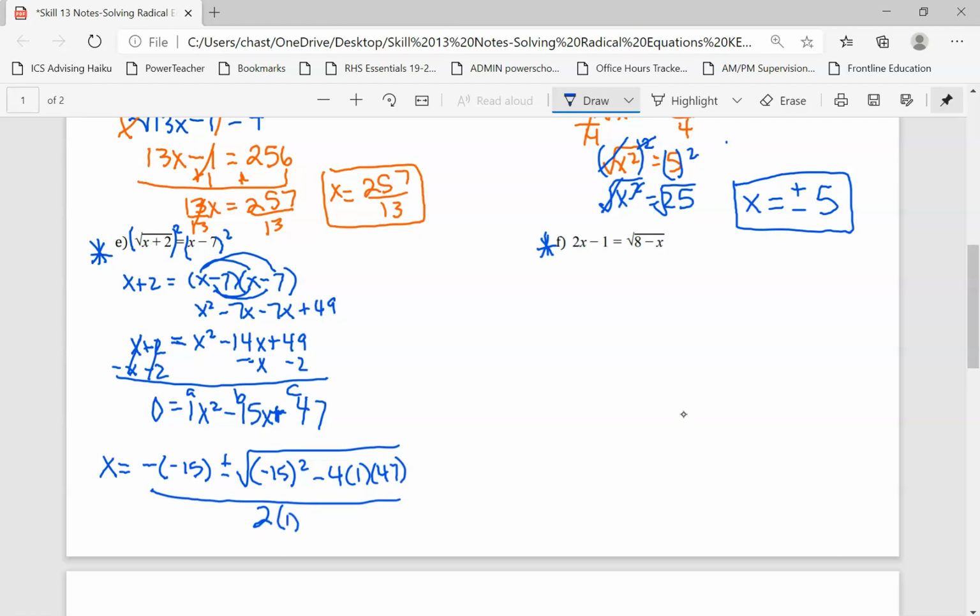Alright, and so then when I continue this out, I'm running out of room here. So what I'll do is kind of go up here and continue. So we get 15 plus or minus square root of, let's just use our calculator here.